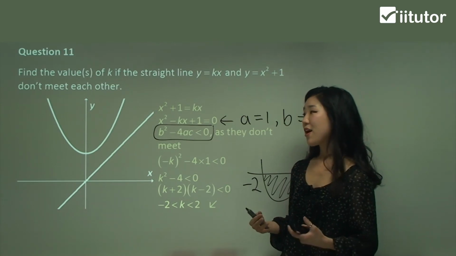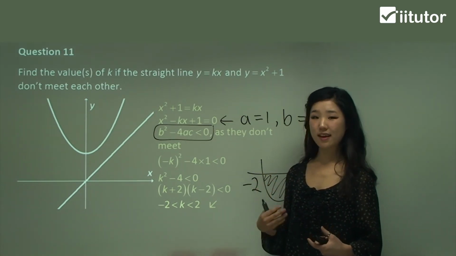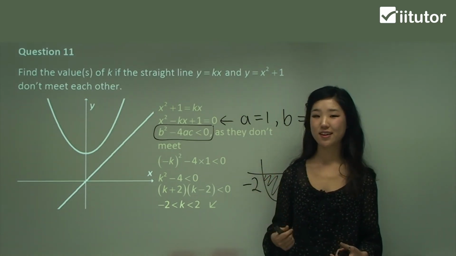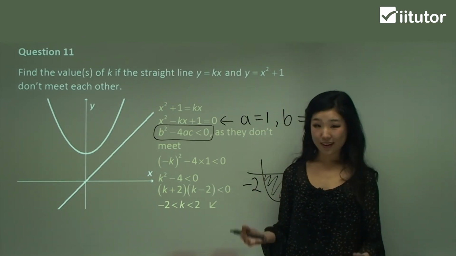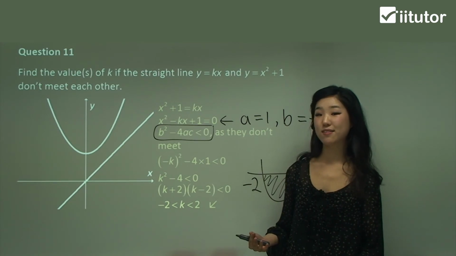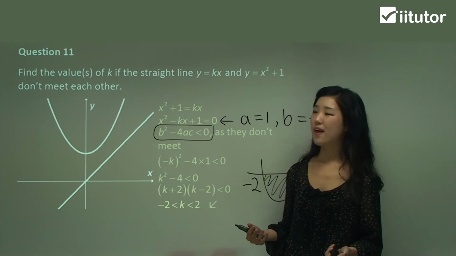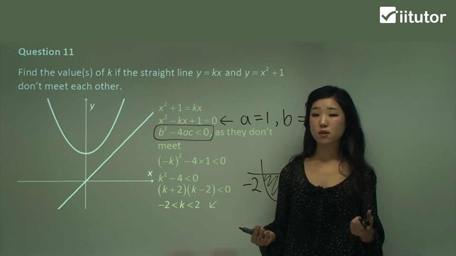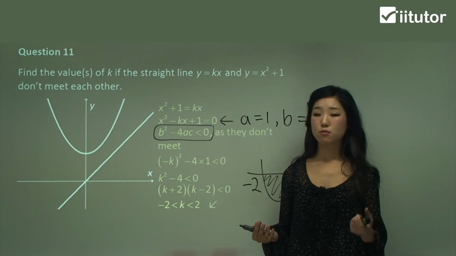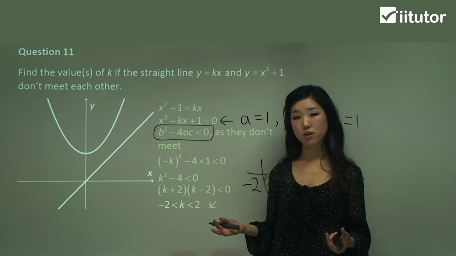Yes? So hope, because I've been doing this repeatedly, saying this over and over again, hope that's already stuck in your head by now. Now that was discriminant. Hope you remember what discriminant is, b squared minus 4ac. So I hope you're really familiar with that now. And remember the types of roots, guys. The roots, depending on what the discriminant is, the roots can be either real or imaginary.